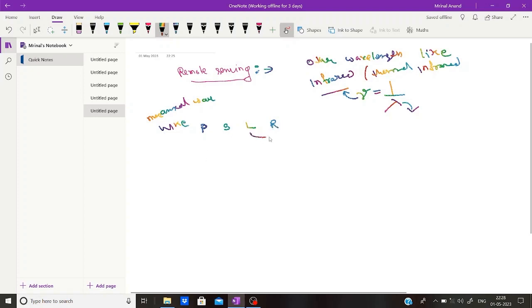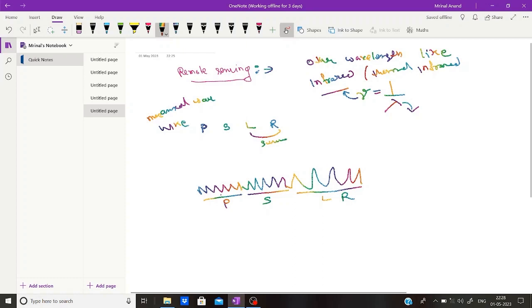Suppose these are the surface waves. Suppose this is the P wave, this will go a little bit high. This is the S, and this is the long. So this is the L and R, the surface waves. This is the secondary wave, and this one is the primary wave.